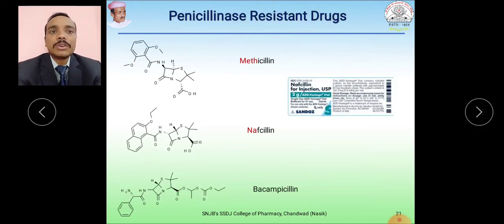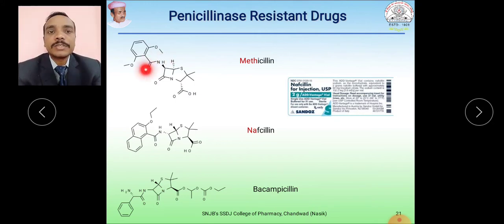Now if we talk about penicillinase, the enzyme resistant drug, methicillin. The word indicates, METH, the presence of a methoxy group here. Now here you forget about the structure of benzyl penicillin and come directly to NHCOR.